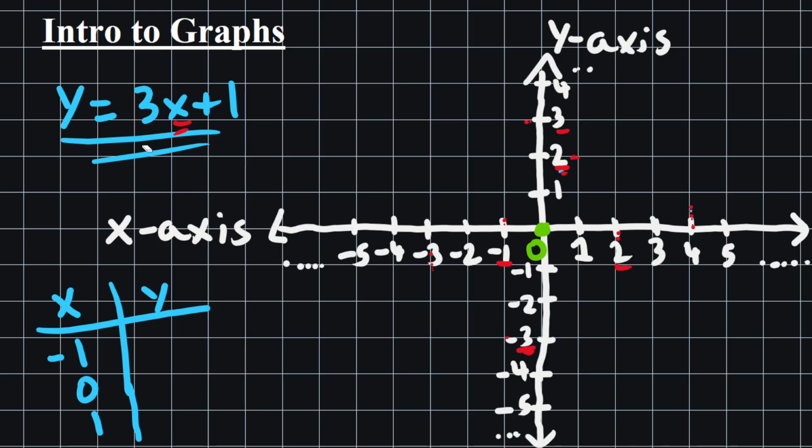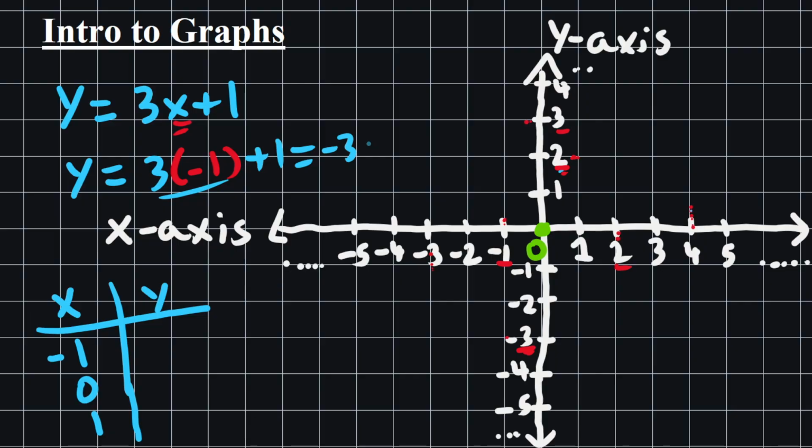Y equals 3 times -1 plus 1. Let's go ahead and evaluate this. What is 3 times -1? That is -3. Then plus 1. What's -3 plus 1? That is -2. Good, so y equals -2.